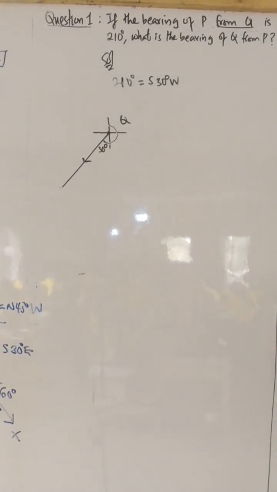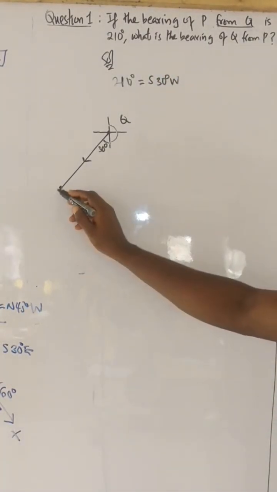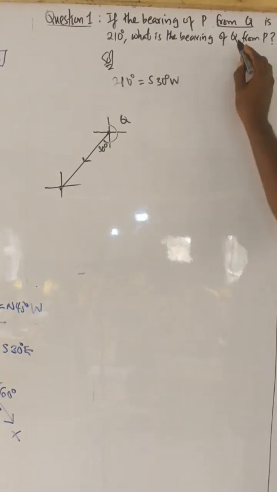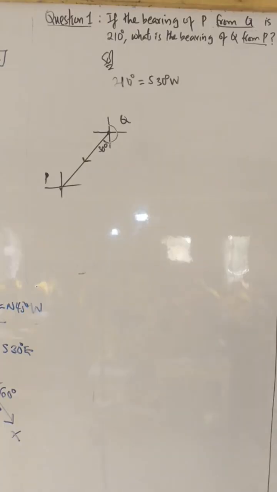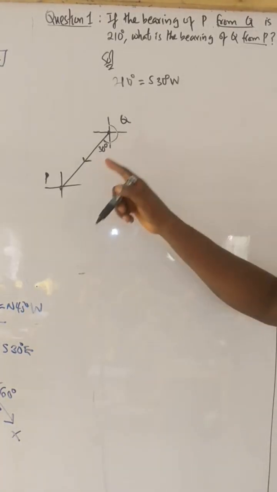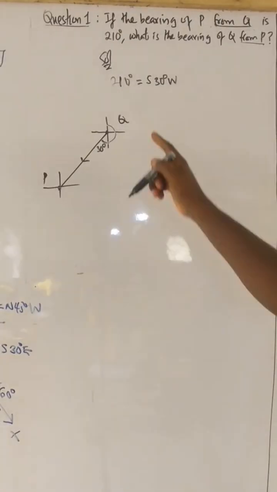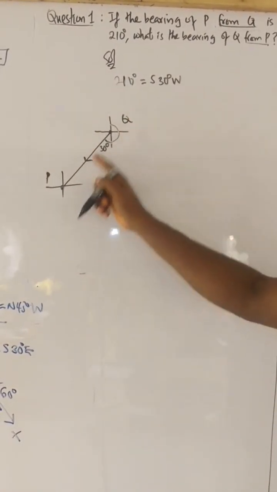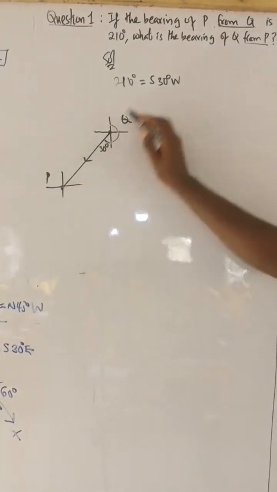Now the question says, what is the bearing of Q from P? From P now, if you have to start from P and move to Q, what is the bearing? So from Q to P is this direction. P to Q will be the same direction, but backward.